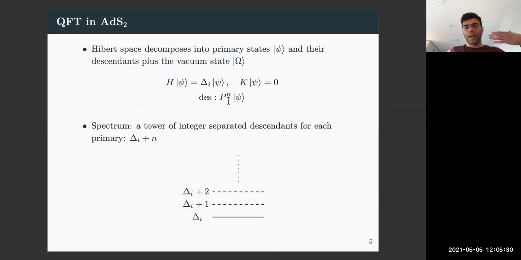And then we can also make our descendants by acting with the momentum generator on these primary states. And also we have a unique vacuum state that I call omega. Therefore, because of this setup, we have a spectrum that will look like some number of primaries with their descendants on top of them. So it's going to be a tower of one primary with the descendants on top of them.